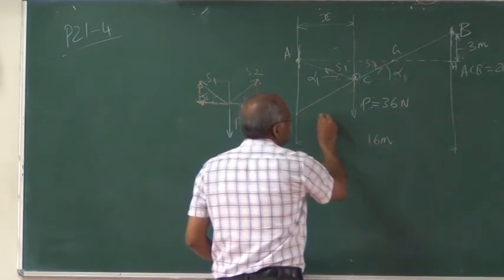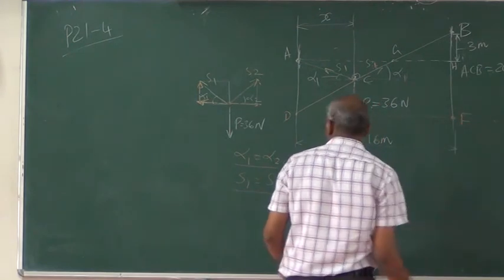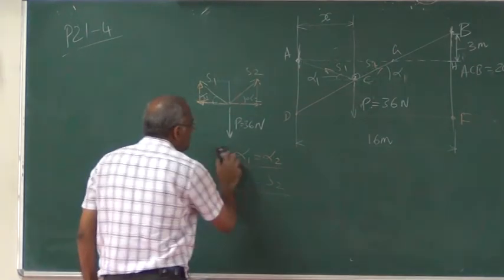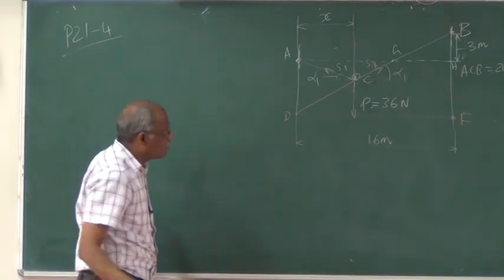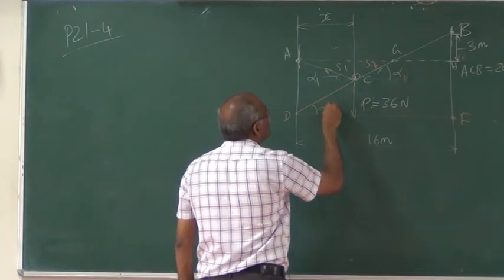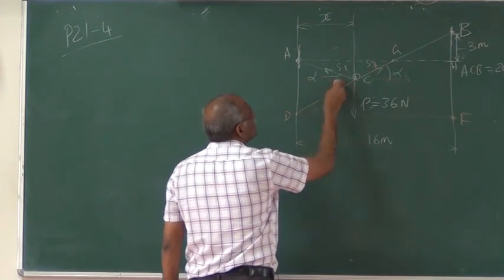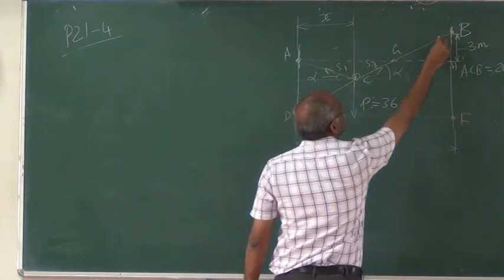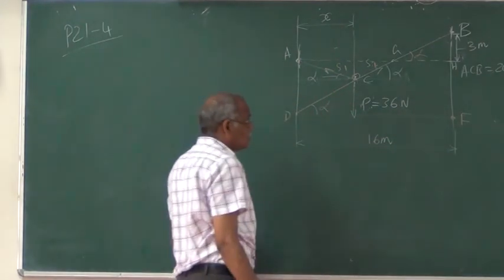This intersection point we can say is F. This is going to be your angle alpha, this is symmetric, so this is alpha, this is alpha, this also will be alpha.